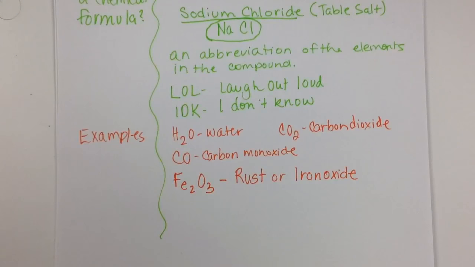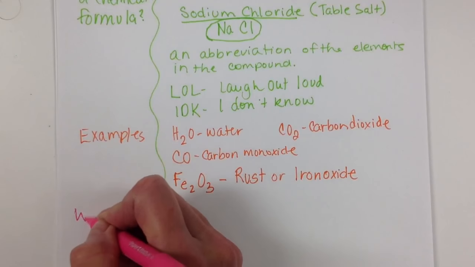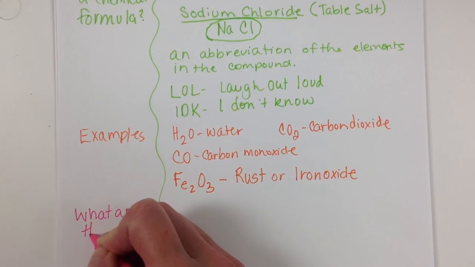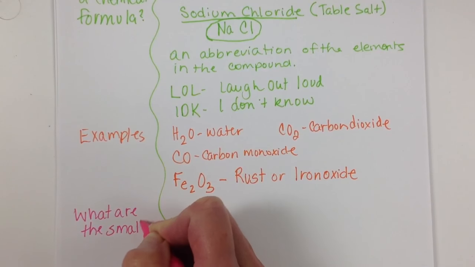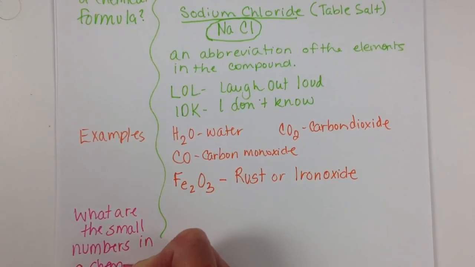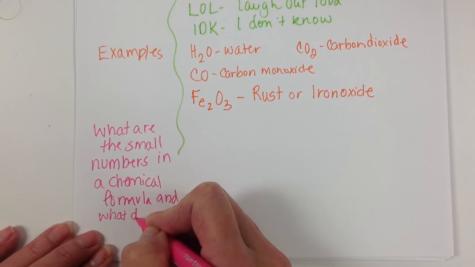So we're going to try and figure out what are these small numbers. What are the small numbers in a chemical formula and what do they mean?